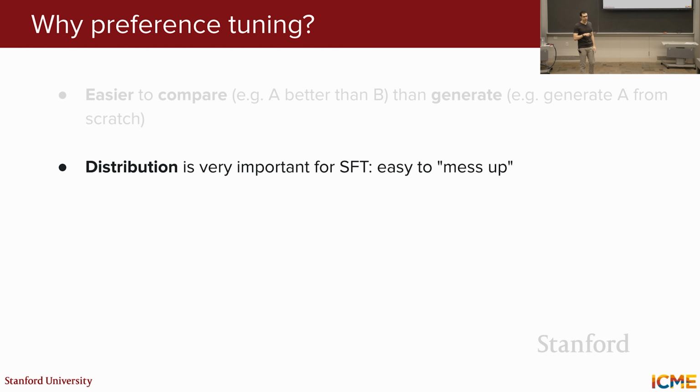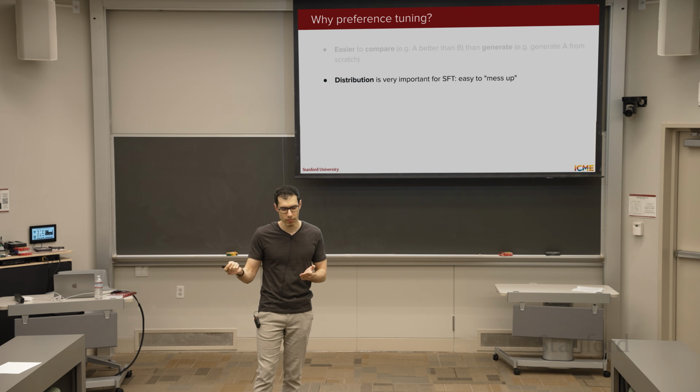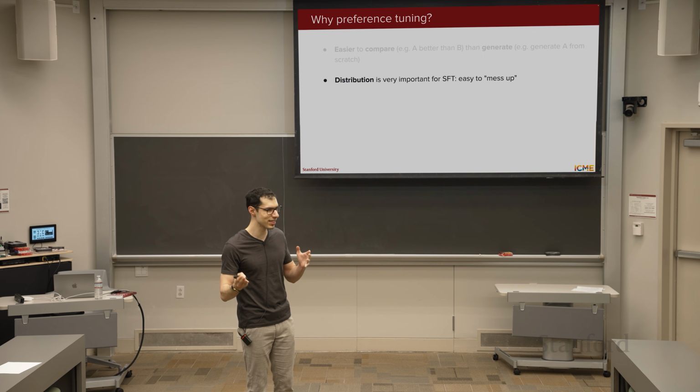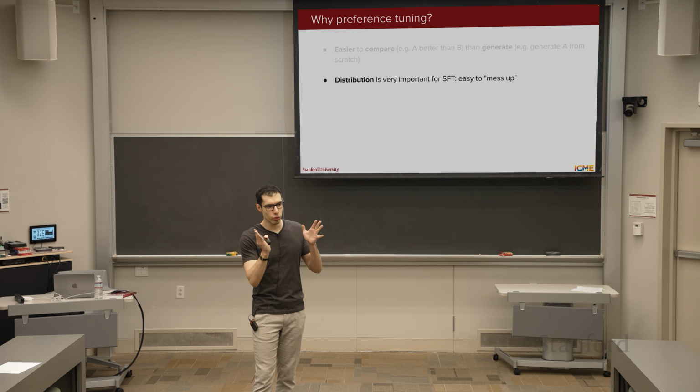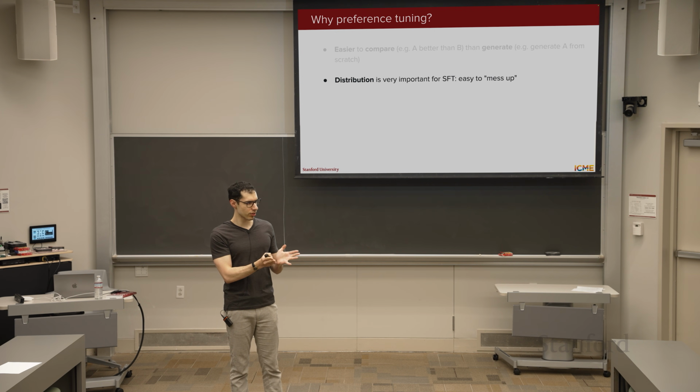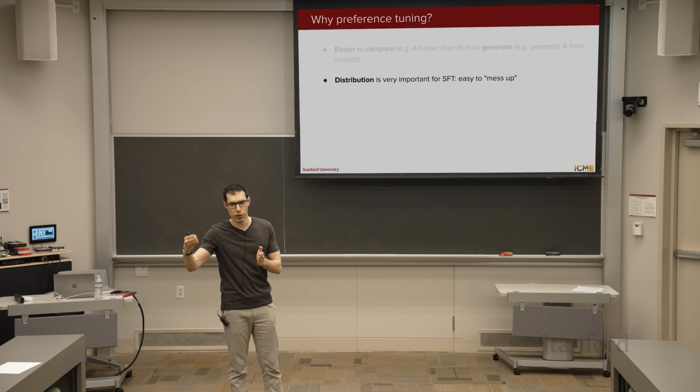The second reason is, during the SFT stage, when we compose our data set of very high quality, there is one aspect that we really try to get right, which is the distribution of prompts. What I mean by that is, if we have too much of a given kind of prompt, our model will be more biased towards responding in that particular way.